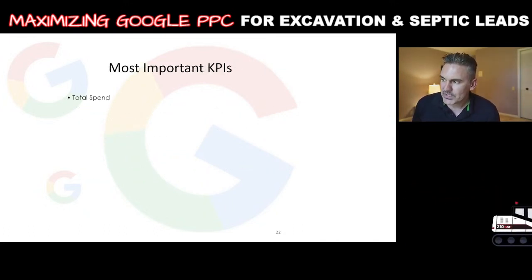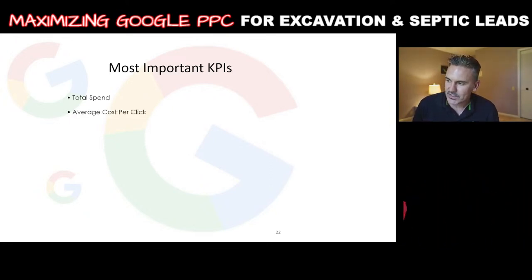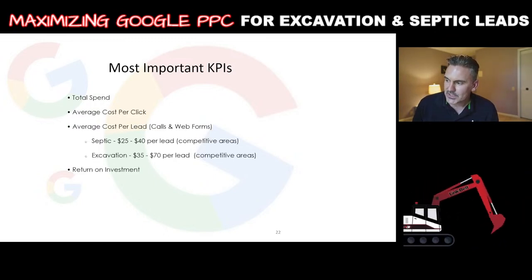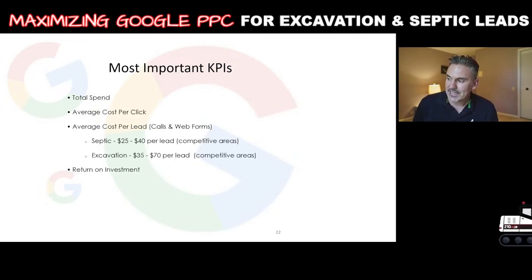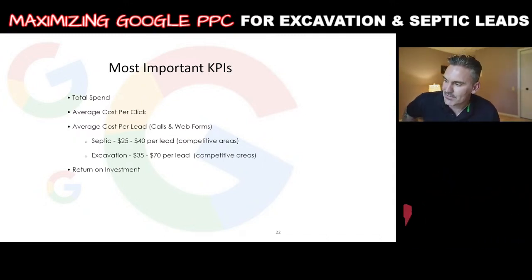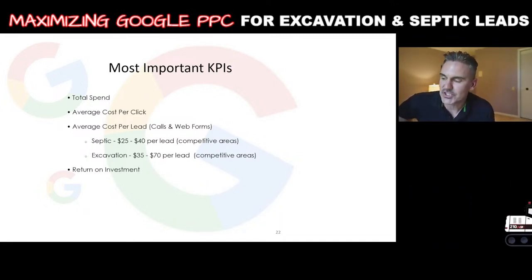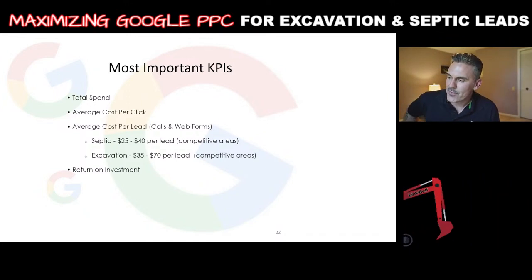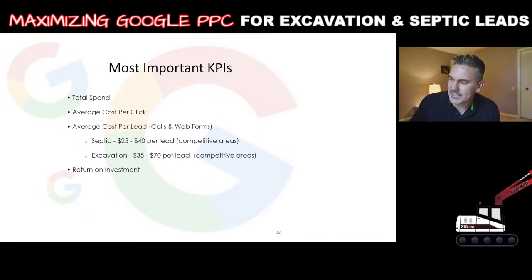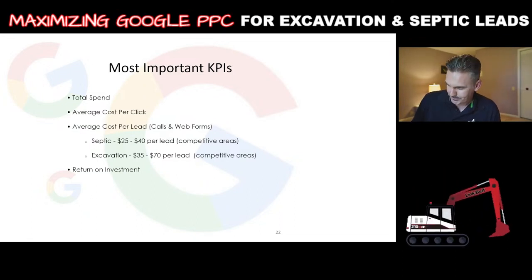The most important KPIs, or key performance indicators, for your business are going to be total ad spend, average cost per click, and average cost per lead, and for that we include calls and web forms. For septic services, we're seeing anywhere from $25 to $40 per lead in competitive areas, and for excavation jobs, anywhere from $35 to $75 per lead in competitive areas. And then, of course, return on investment.